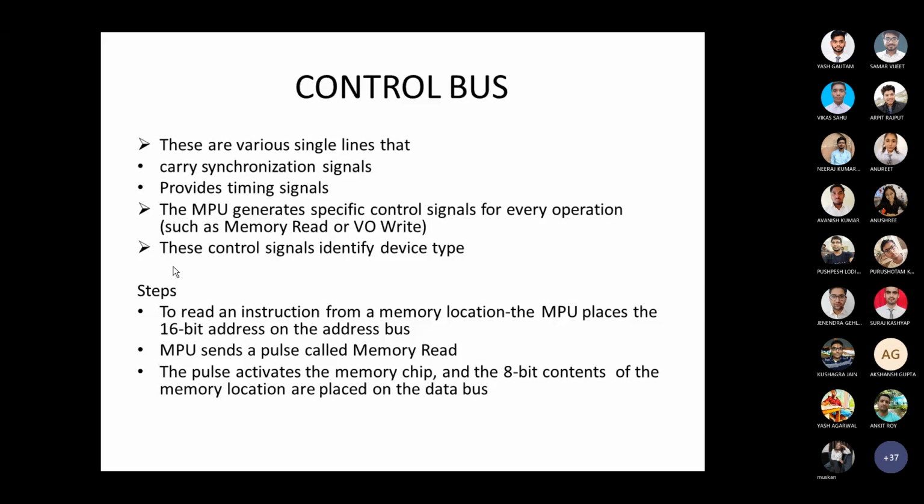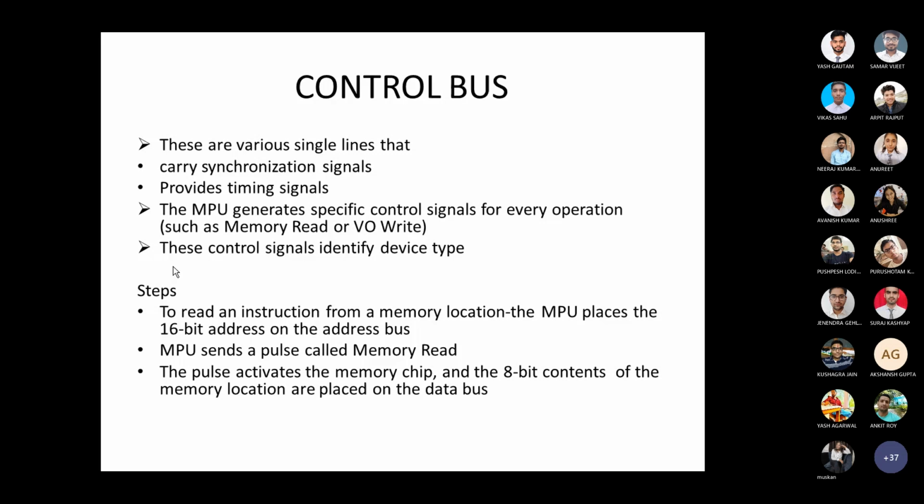So at a particular timing, when we ask to store something in memory, a timing signal is automatically generated in the MPU for generating a memory read or memory write operation to store some data. So this is automatically done in the microprocessor, and signals are given at a particular time.